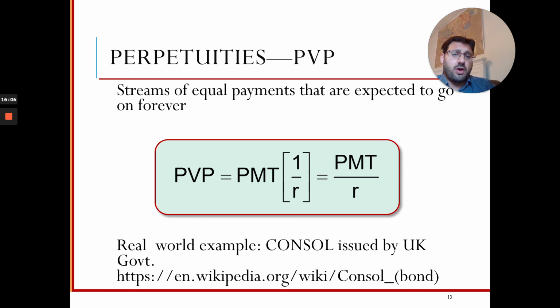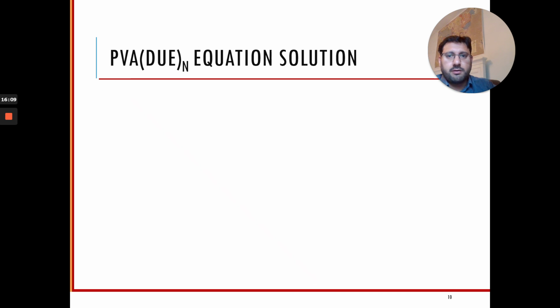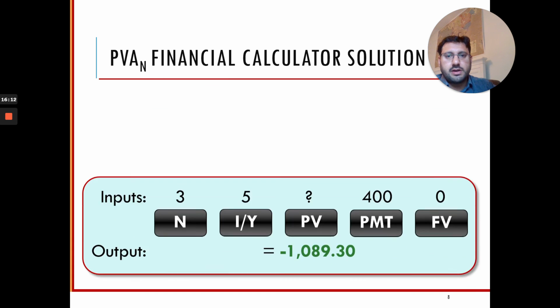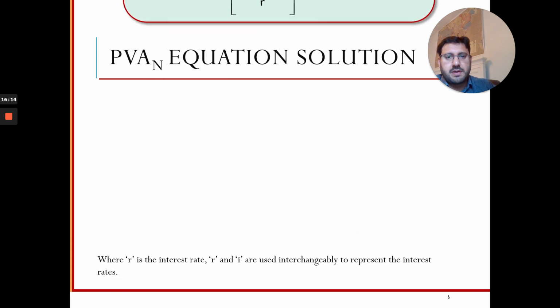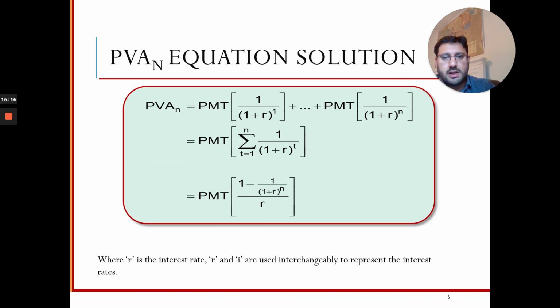And this formula is actually derived from the formula of the present value of the ordinary annuity. If you see the present value of the ordinary annuity, this one over here, if n is very long, my investment period is approaching infinity, right? So this is infinity over here.